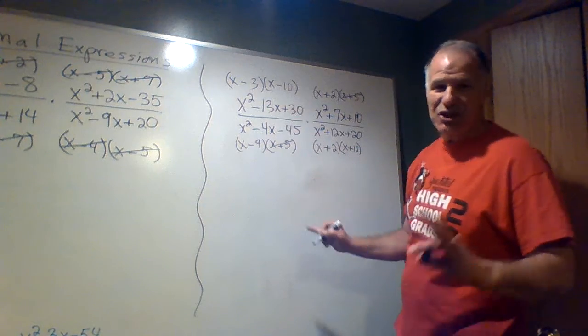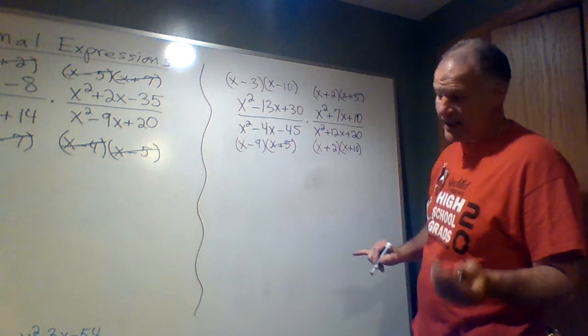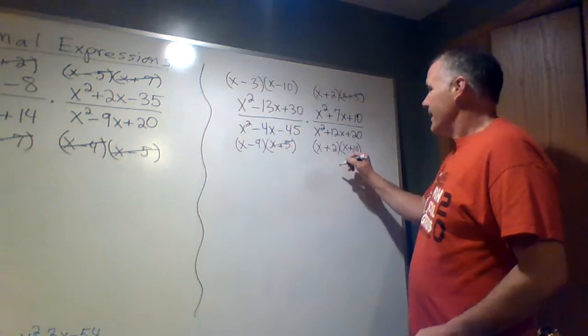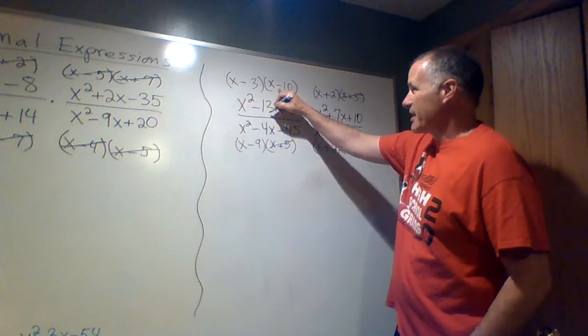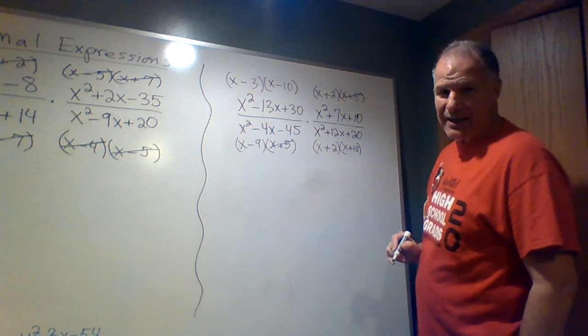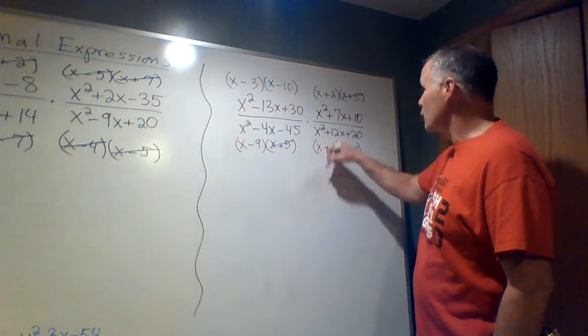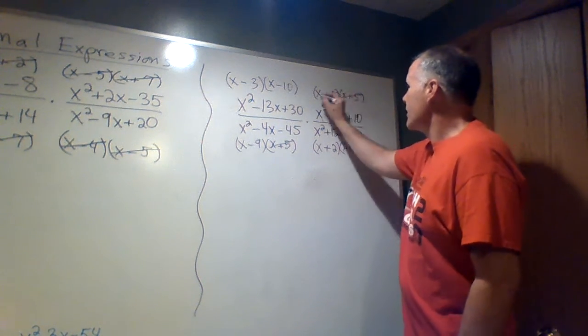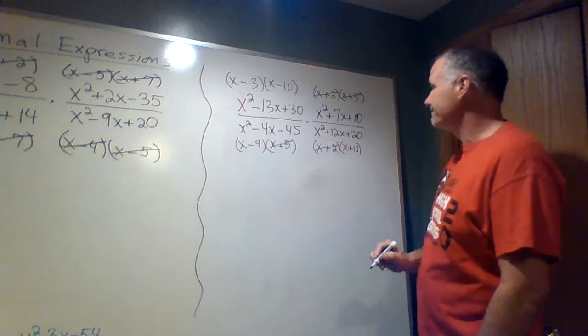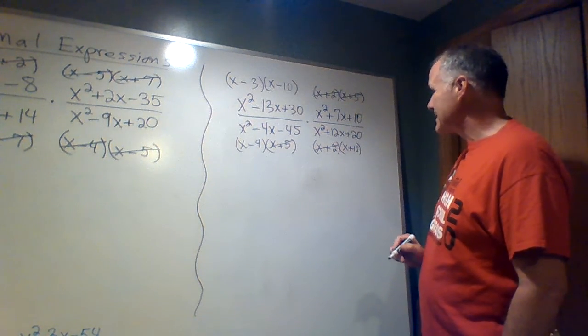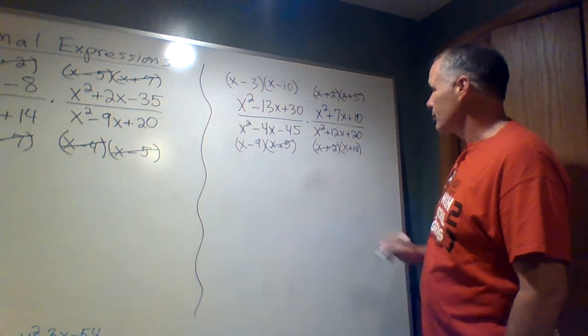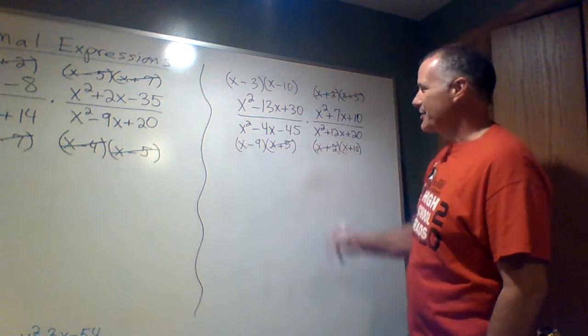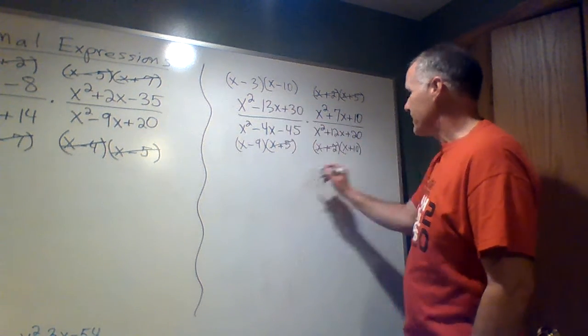That's a negative 10. This is a good one to see, even though I made my mistake on this one. The x plus 10 can't cancel with x minus 10 because they're not the same sign. But this x plus 2 here can cancel with the x plus 2 on top. See, x plus 2, x plus 2. So actually, that is what can cancel.